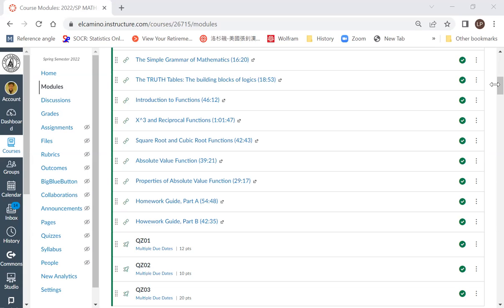So the meaning is to identify all possible inputs, it could be plural, inputs x, such that the absolute value of those inputs would be equal to 2. So the absolute value of x equals 2.